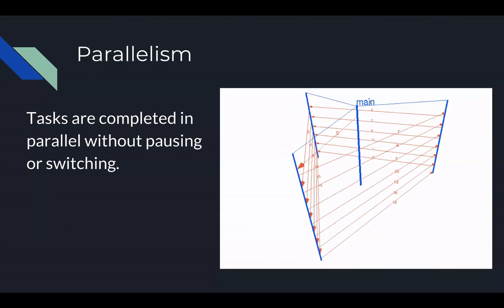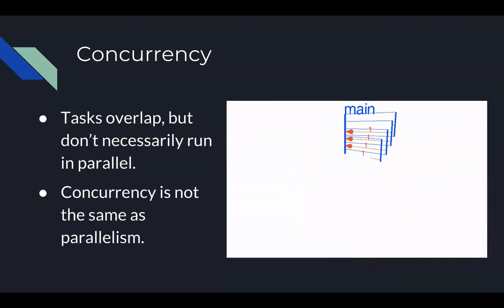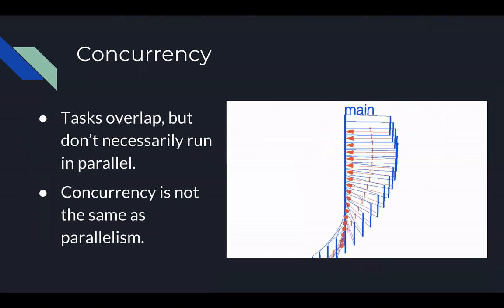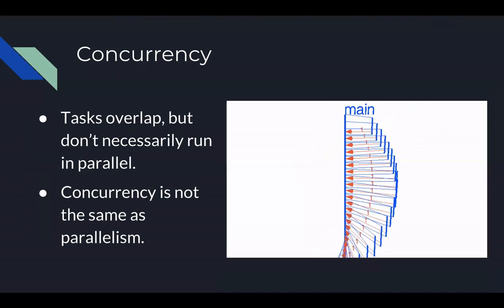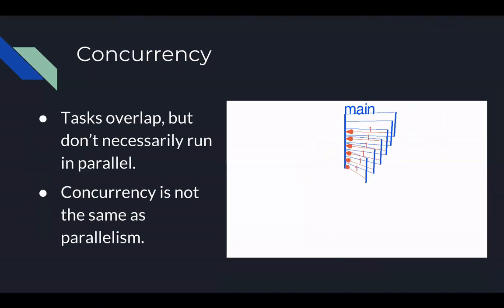You can contrast that with concurrency, where concurrency is just tasks that overlap each other. They might be running next to each other, but they're not necessarily running in parallel. Something that's concurrent is not necessarily parallel, but something that is parallel is also concurrent.